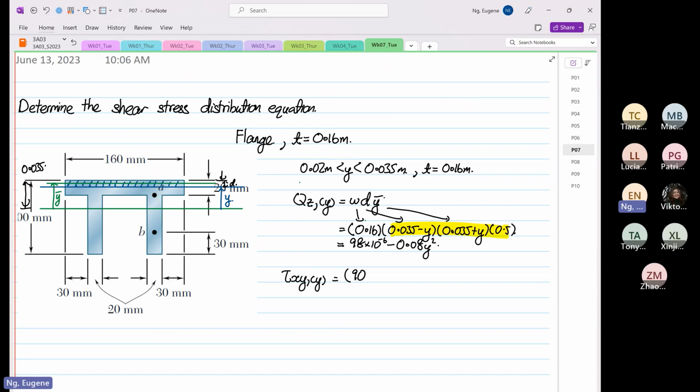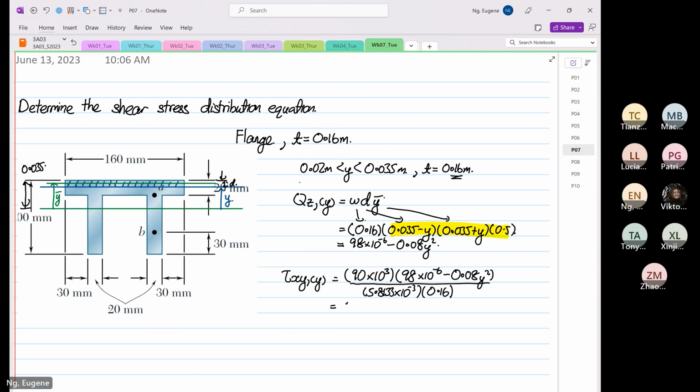Vy did not change, it is 90 times 10 to the power 3. Q is 98 times 10 to the power minus 6 minus 0.08 y squared, divided by I, 5.8133 times 10 to the power minus 3, and now the thickness is 0.16.